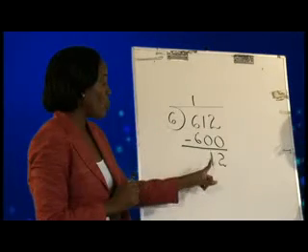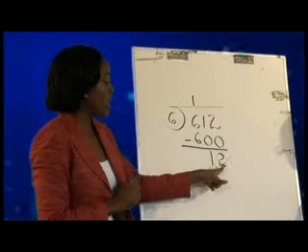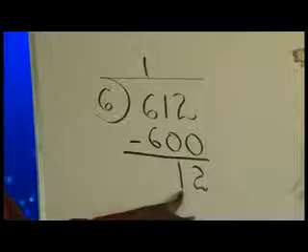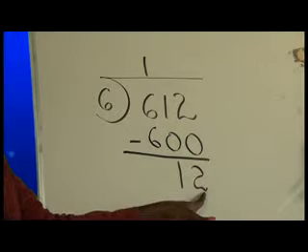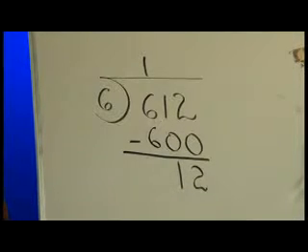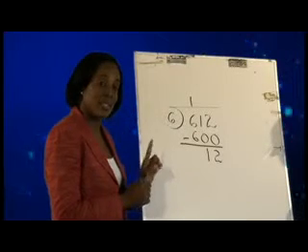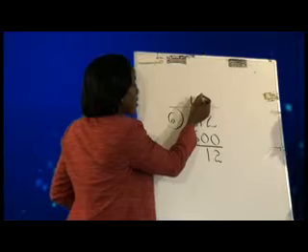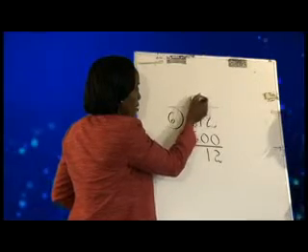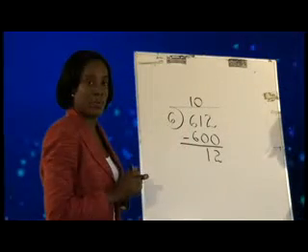Now we have 110 and 2 units. As was illustrated, no group could get a set of 10 and hence we traded. To show that no group gets a set of 10, we indicate with the 0.